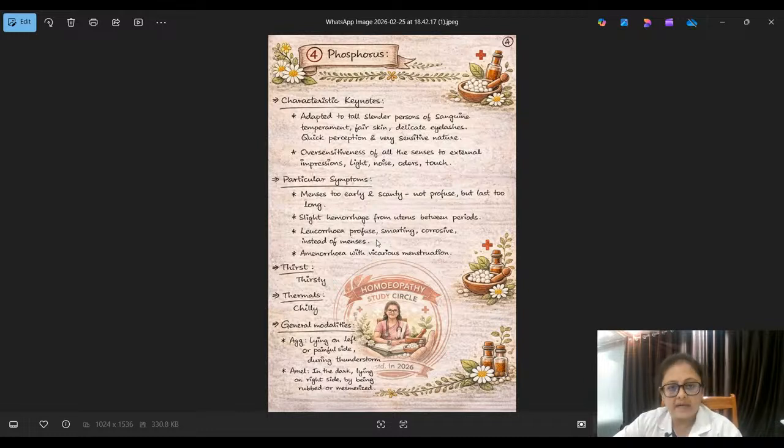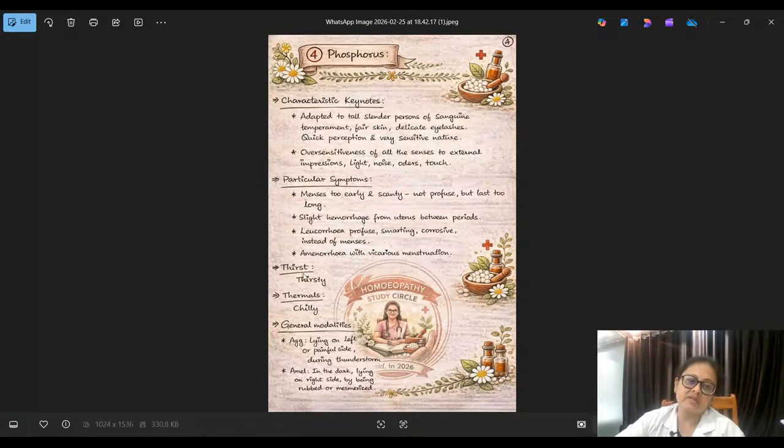Some people wear a pad and think it is normal, but you have to ask and clarify. Smarting is burning. Corrosive, it causes itching, burning. Leukorrhea instead of menses. Amenorrhea with vicarious menstruation. Vicarious menstruation is bleeding from elsewhere. The most common site is nose bleeding. So these are the particular symptoms.